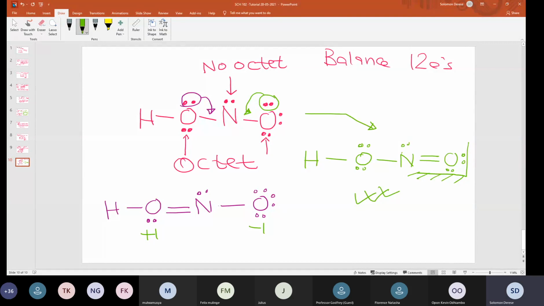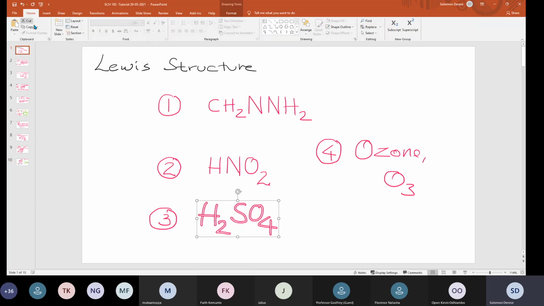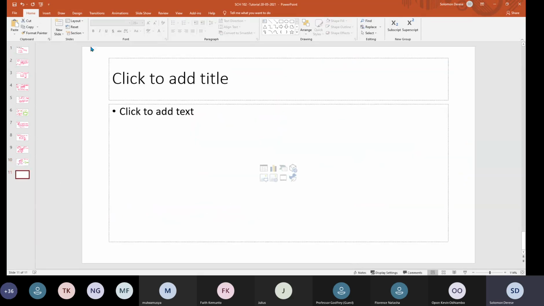Because if there's anything that is not clear, you have a chance to ask now. And be attentive and follow. And by the end of this, you will have no issue at all in drawing Lewis structures, formal charges, all these other things that are related to drawing the structure of molecules.